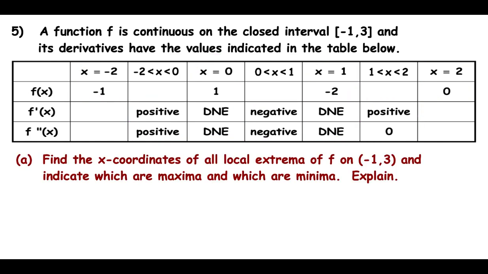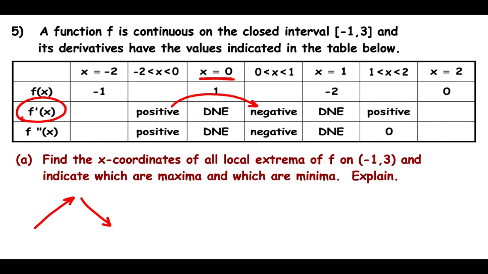I should have been able to tell that anyway because you can see that the first derivative, which controls rising and falling, is changing signs at x equals 0. It's changing from positive to negative, which means the graph was rising, then falling. Positive slope to negative slope, so there should be a max there.